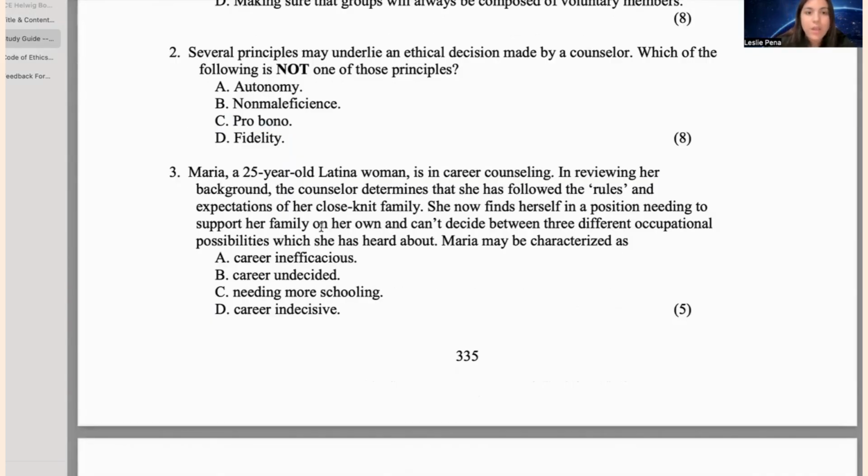So this one, I remember I was a little bit confused when I first saw it. I was between B and D, so career undecided and career indecisive. So the way that I figured it out was just using common sense, that she couldn't decide. She was undecided about what career path to take, that she has 3 different opportunities. So that is the correct answer.